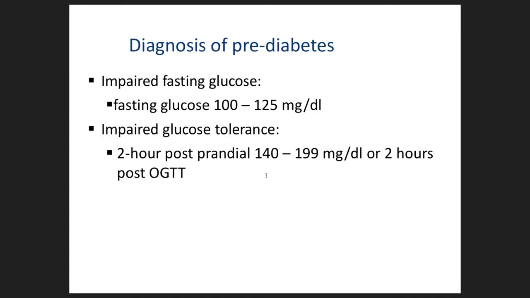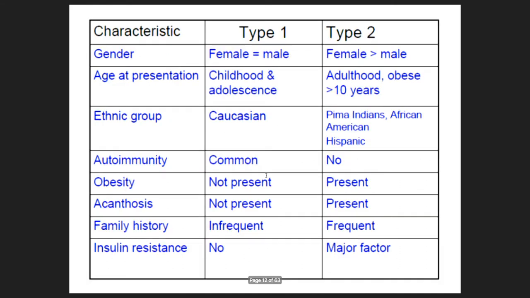So we have to recognize those with pre-diabetes and those normal and those with diabetes. Why? Because in the stage of pre-diabetes there could be some sort of prevention, especially for type 2 diabetes. We have to emphasize the role of lifestyle changes, diet and exercise.